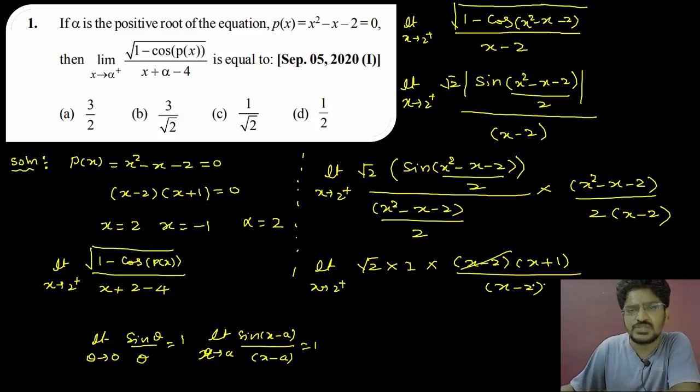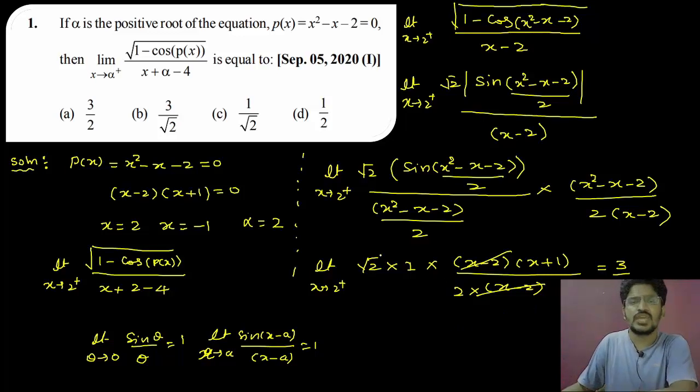Okay, x minus 2 will cancel, and the divided by 2 term write as it is. Now if I put the limit value 2, it will be 2 plus 1, that is 3. Therefore this will be equal to 3 by root 2.